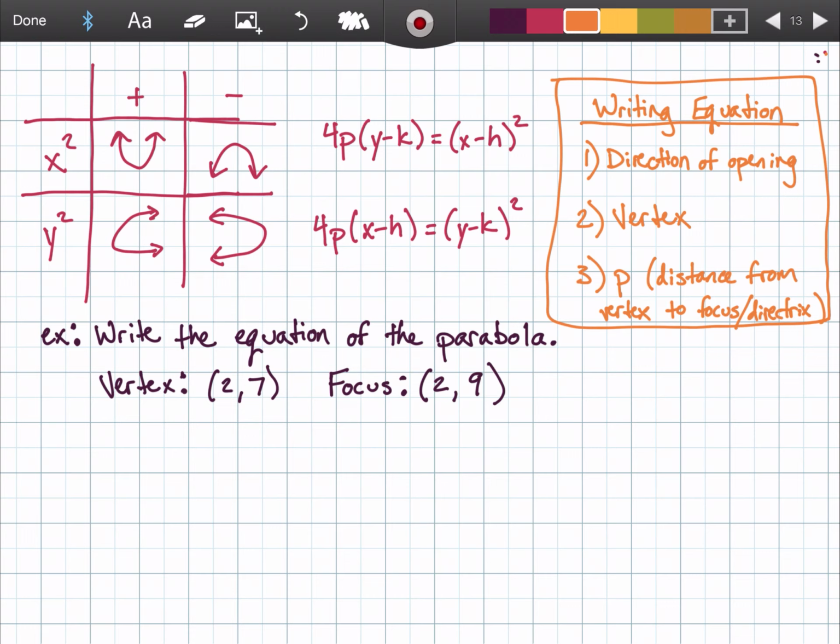To decide which way it opens, I just plot the points. It doesn't have to be pretty. So I'm just going to call this 2, and this is going to be 7. There's my vertex. My focus is at 2, 9.